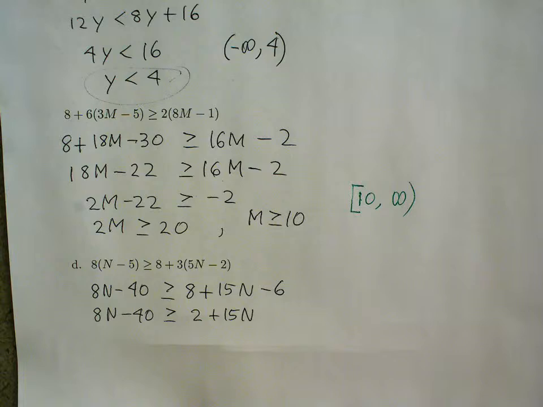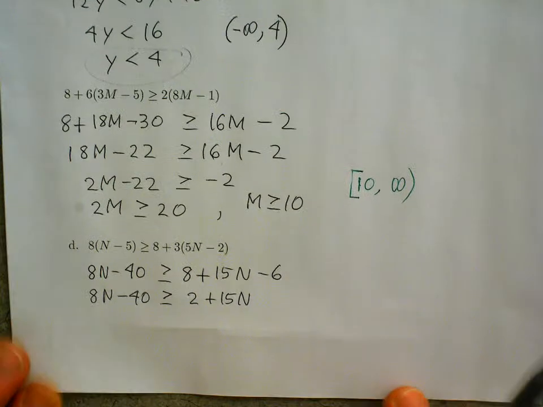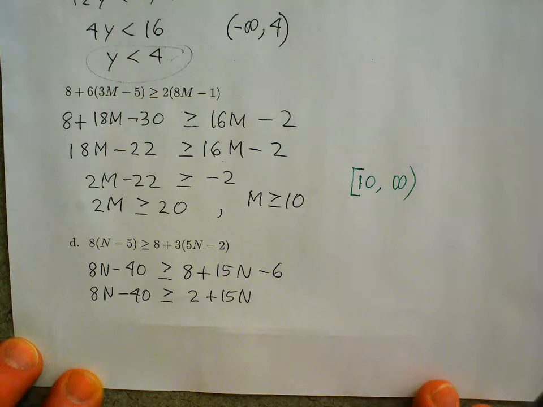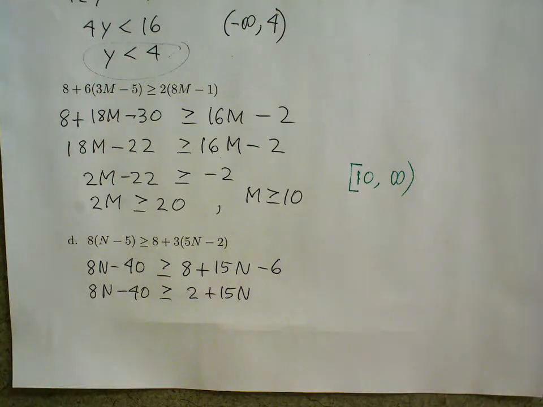But if you want to avoid dealing with negative coefficients, we can subtract 8n from both sides instead, if you prefer. So which one do you want to do? Not that you really want to do anything, but if you had to choose, which one would you choose? 8n minus 15n, or 8n minus 15n?